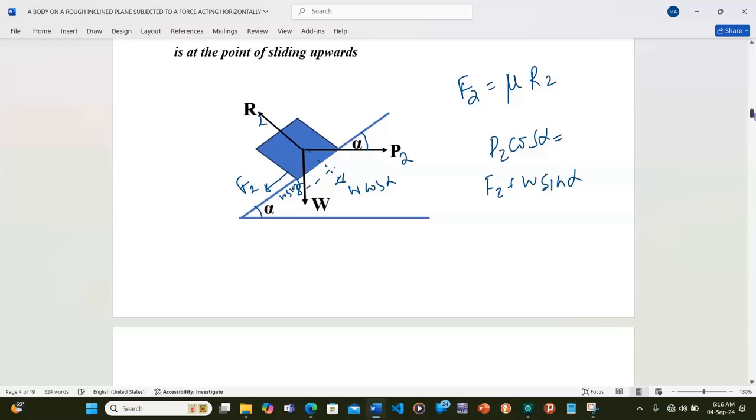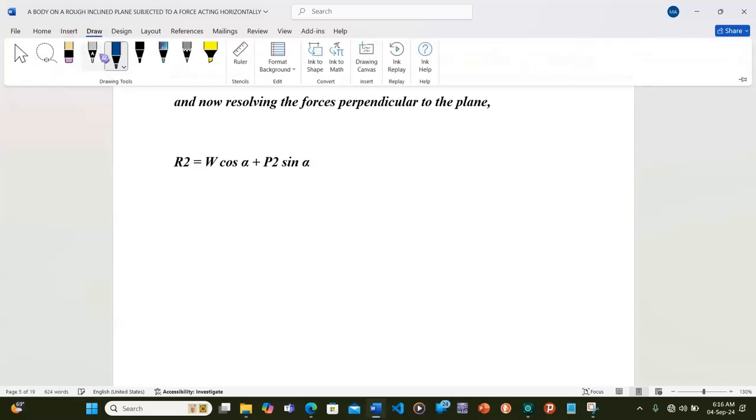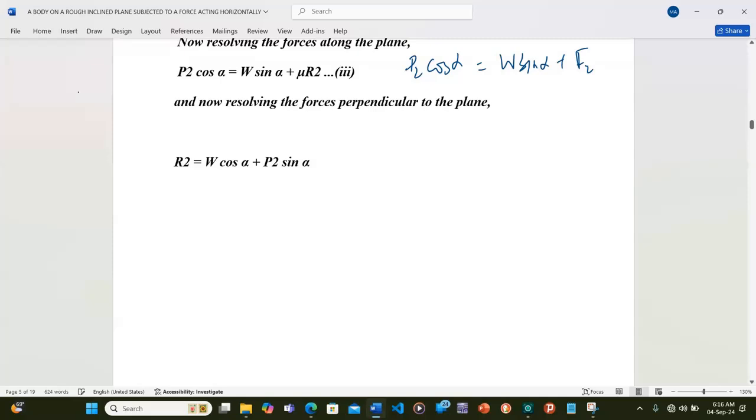So P2 cos alpha equals W sine alpha plus F2, whereby F2 is nu R2. So that is our equation. You can call it equation number 1.